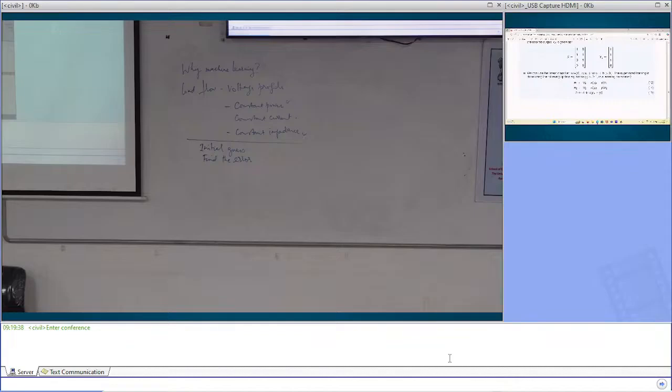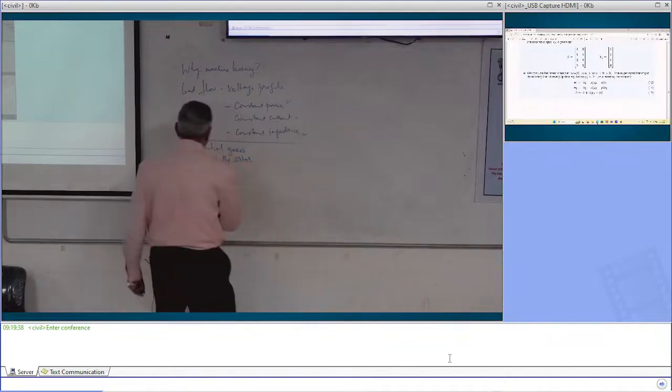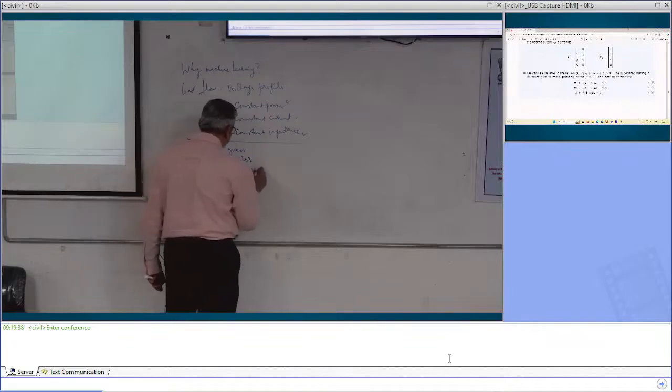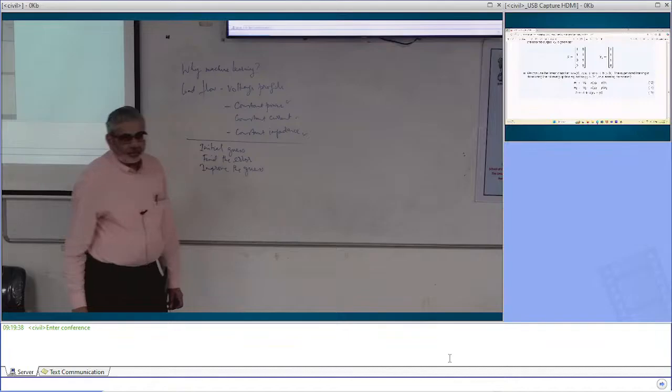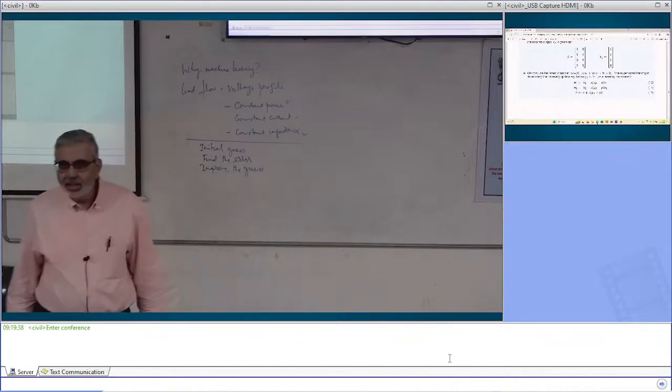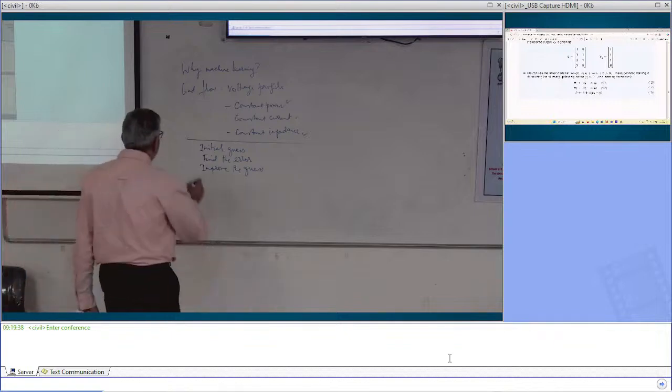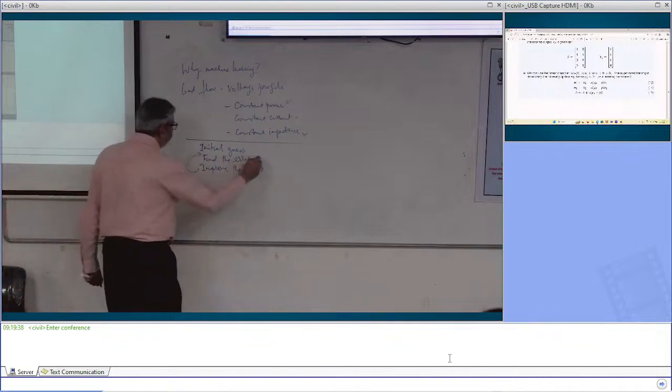That is all the UPSC's work, it is not our work. Find the error, improve the guess. We improve the guess, and that's how we keep doing, and then find the error, improve the guess.